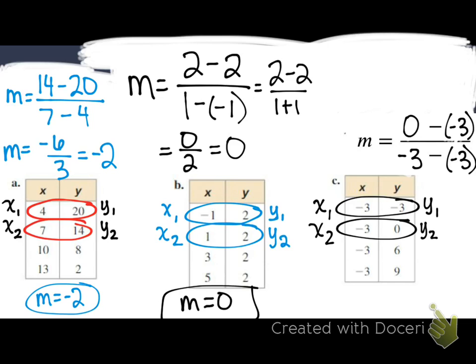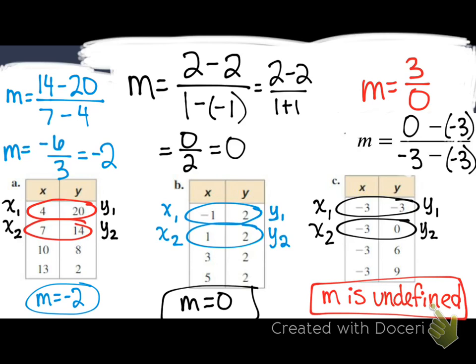So it would be 3 over 0. Can we divide by 0? No. This is when slope is undefined. If you put it on the calculator, it would say undefined. Your calculator will not accept that. So that is when slope is undefined.